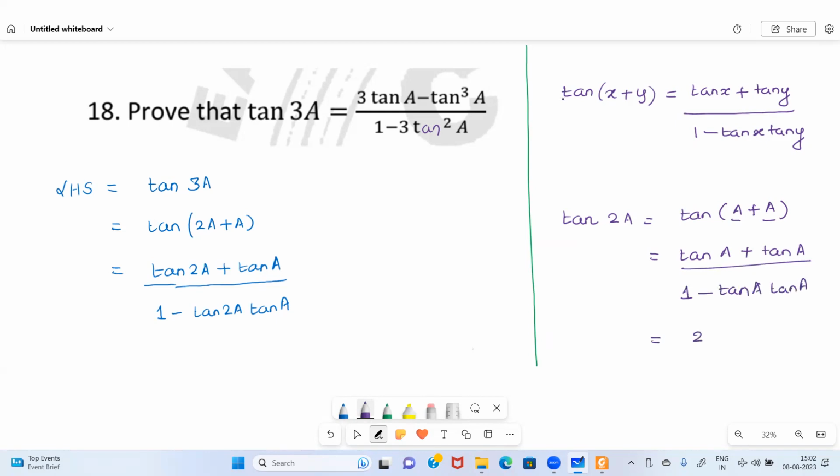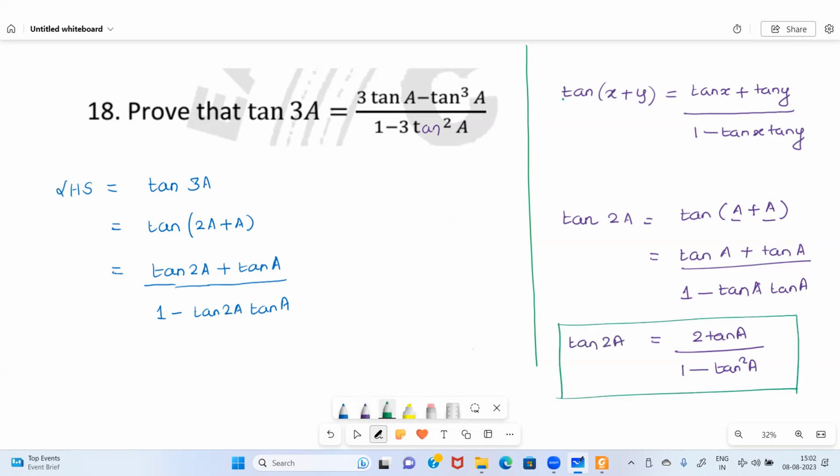Tan a plus tan a is 2 tan a. 1 minus tan a into tan a is tan square. Therefore, tan 2a can be written as 2 tan a by 1 minus tan square a, the value of which can be substituted here. We have solved it earlier. This would be just a revision for you guys.